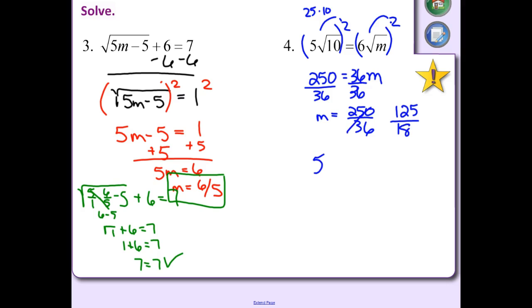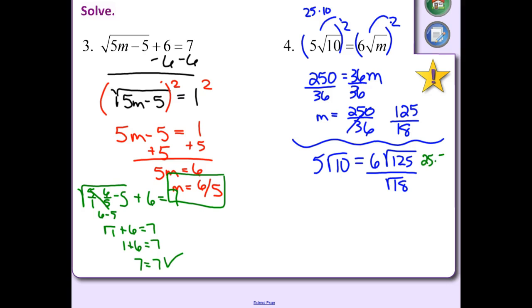So I've got 5 root 10, I'm checking now, equals 6 times the square root of 125 over the square root of 18. Well, I'm going to make this 25 times 5, and I'm going to make this 9 times 3.